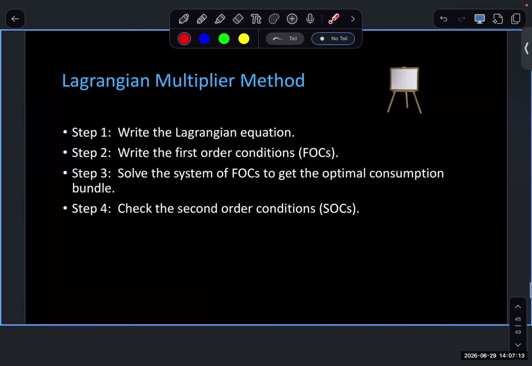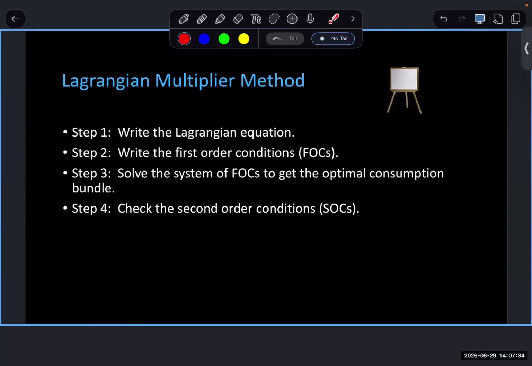What are the steps? First, you need to write down the Lagrangian equation. And then you take the first order condition, which is FOC for short. And then we solve the system of FOCs to get the optimal consumption bundle. And then we check the second order conditions.